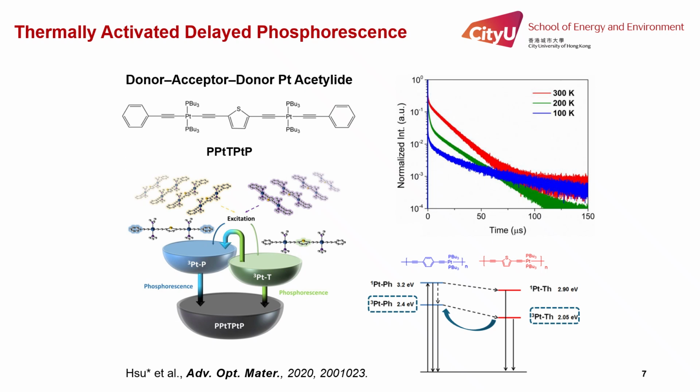Because the difference of energy levels between triplet platinum phenylene and triplet platinum diolphin is less than 0.5 electron volt, which results in reverse triplet exciton transport. Therefore, this platinum acetylide is a potential candidate for ECL devices.